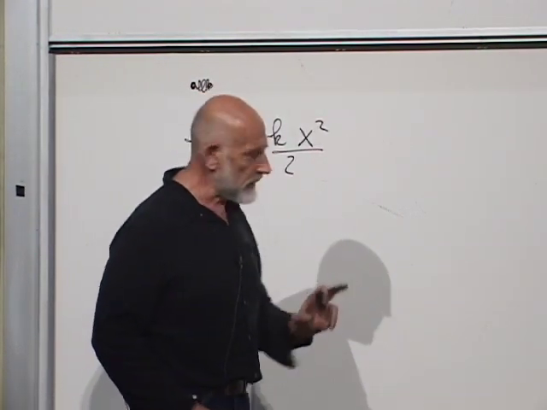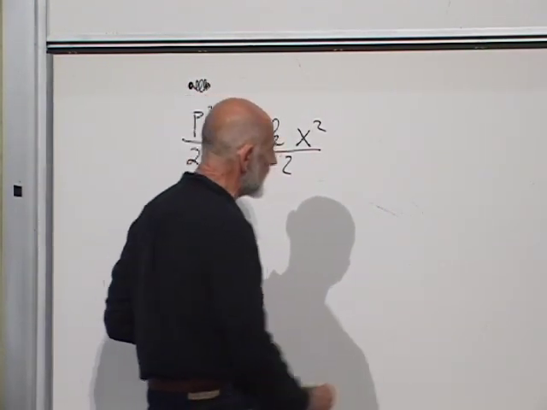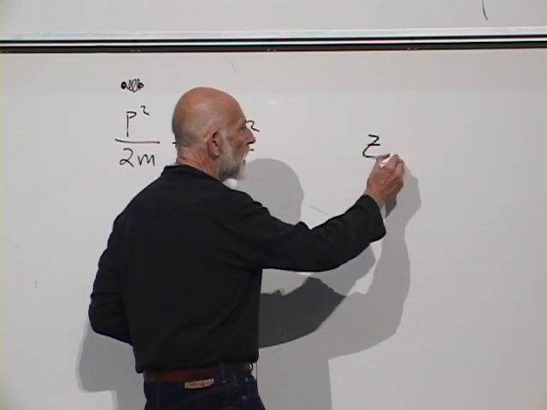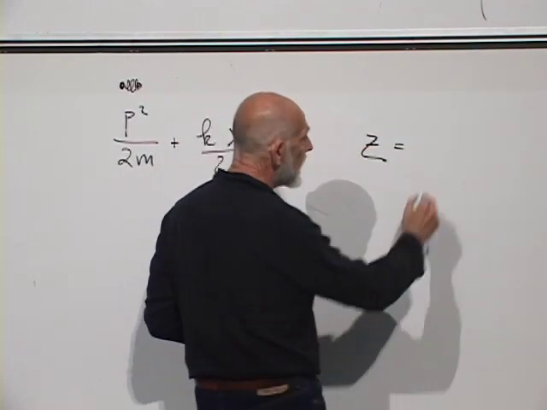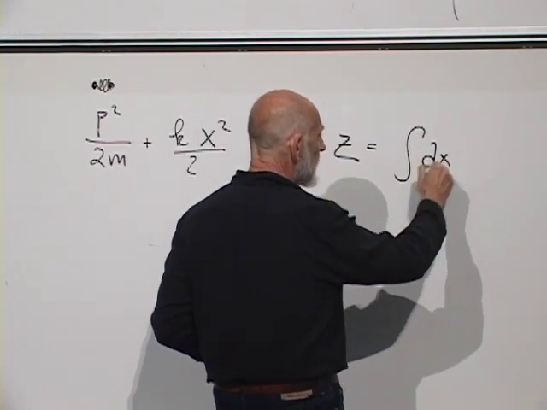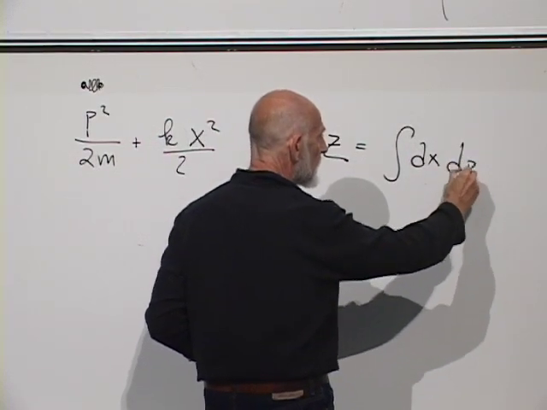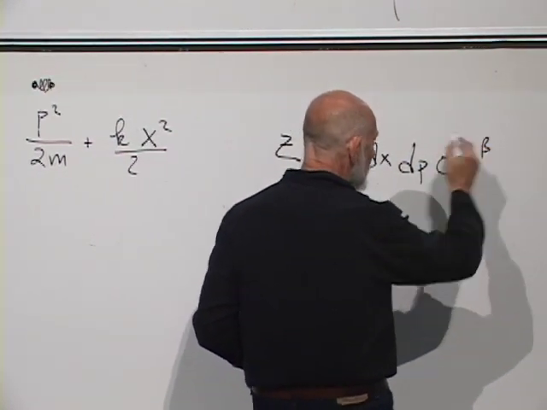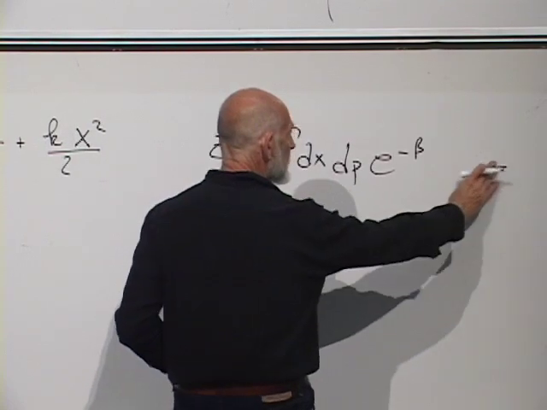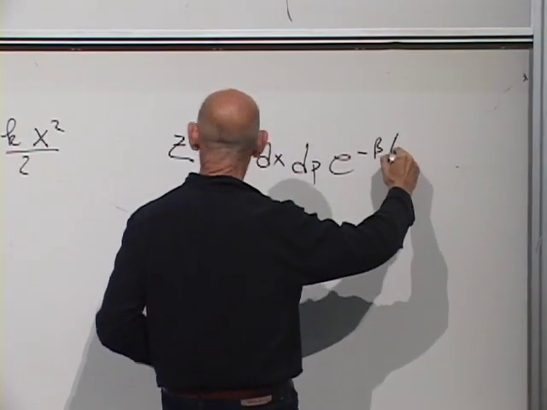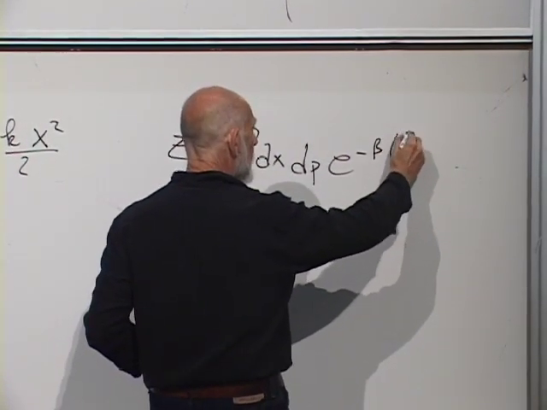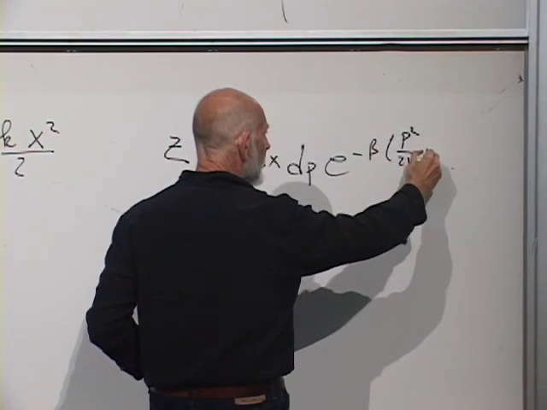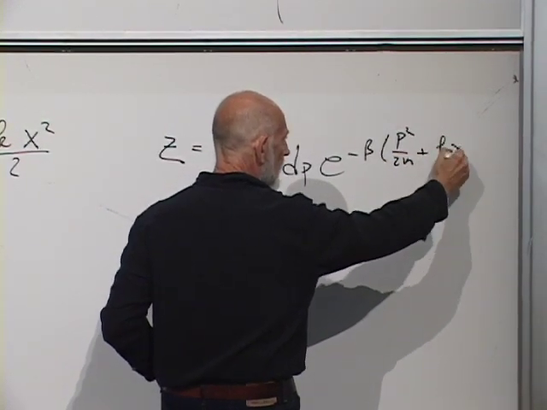Now just a single x and a single p, and the partition function for that single molecule is just the integral dx dp e to the minus beta, where beta is inverse temperature as always, times p squared over 2m plus kx squared over 2.